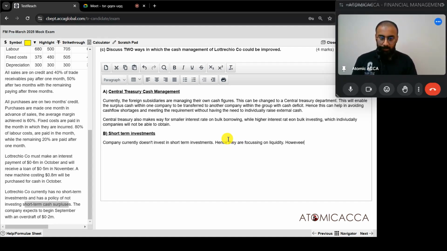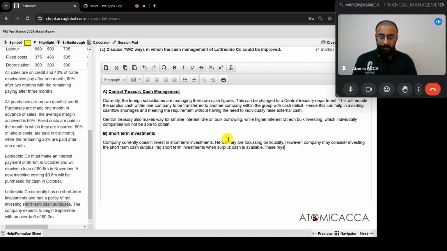However, company may consider investing the short term cash surplus into short term investments. Company may consider investing into short term investments when surplus cash is available.